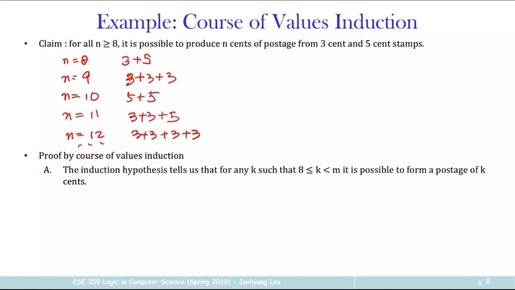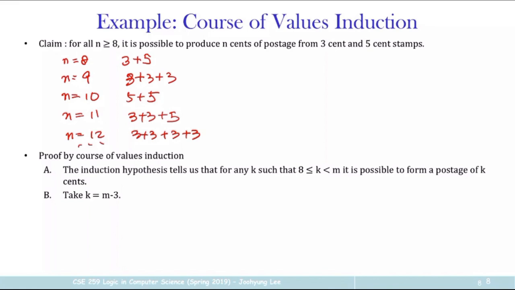So for any k such that k is greater than or equal to 8 but k is less than n, since this number k is less than n that we want to prove, by course of values induction P of k should hold. So we assume by induction hypothesis that this is possible.